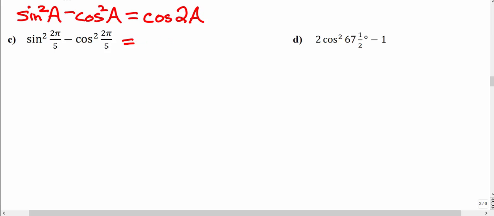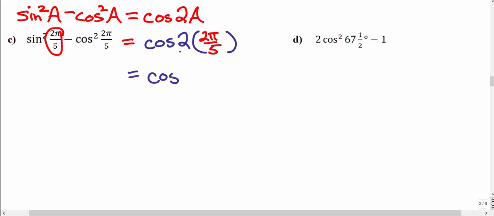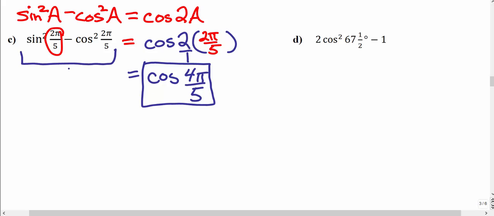So this will be equivalent to cosine of 2 times an angle A, and that angle would be 2 pi divided by 5. Simplify inside. That would be 2 over 1. We multiply across, we get cosine of 4 pi over 5. This is not an angle that we are familiar with, so we will stop there and say that this expression is equivalent to cosine of 4 pi divided by 5.